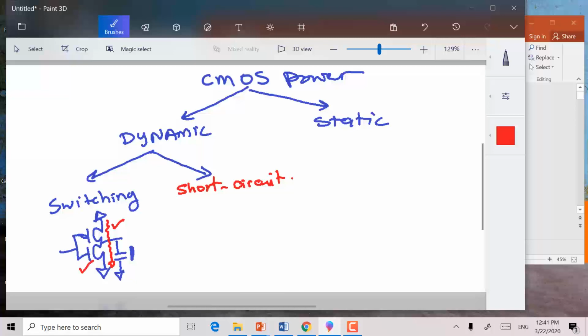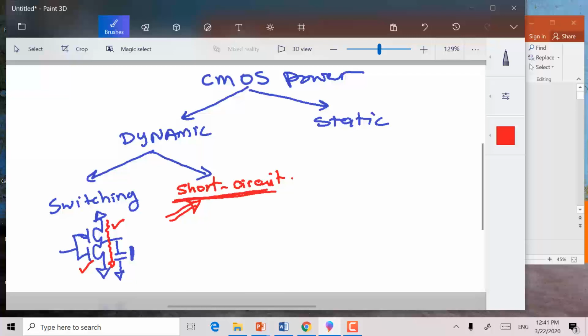How come they both are on at the same time, causing the short circuit? Well, the short circuit happens temporarily, for a very short time, when both the NMOS and PMOS are on as they transition between the on and the off state. They don't stay on for a long time. They just happen to overlap in the on state for a very short time, causing a short circuit.